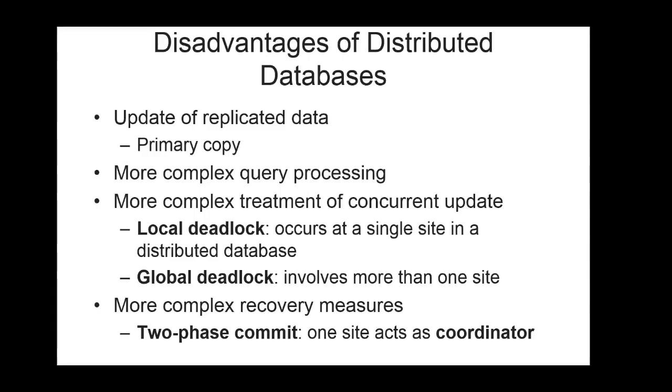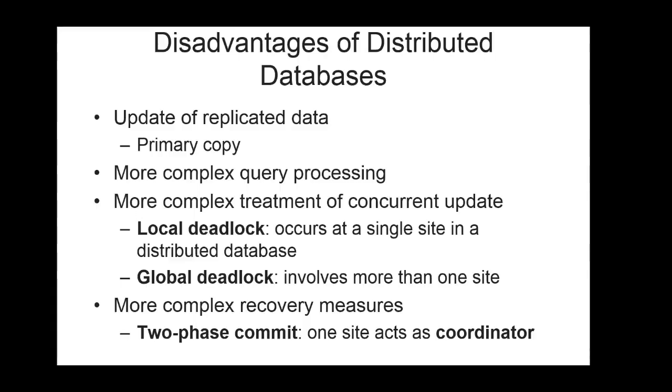In distributed databases, however, deadlock is more complicated because two types of deadlock, local deadlock as well as global deadlock, are possible. Local deadlock is a deadlock that occurs at a single site in a distributed database.